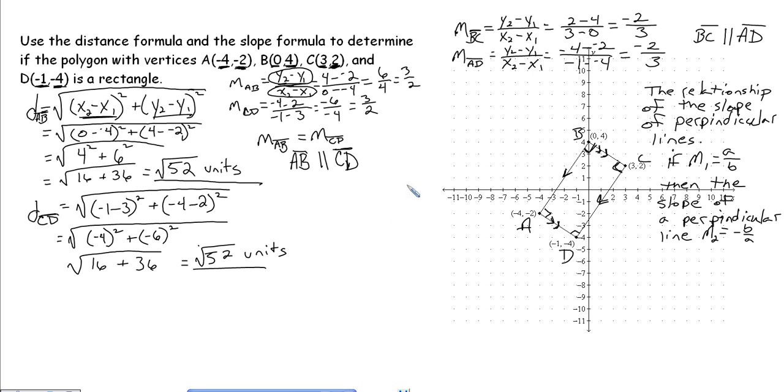So let's take a look at our slopes. We have 3/2 and negative 2/3.